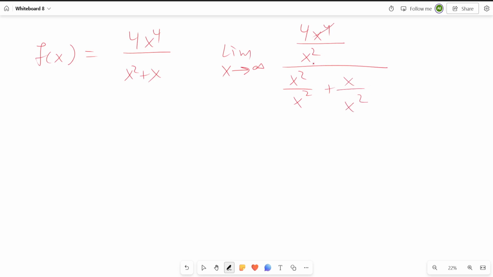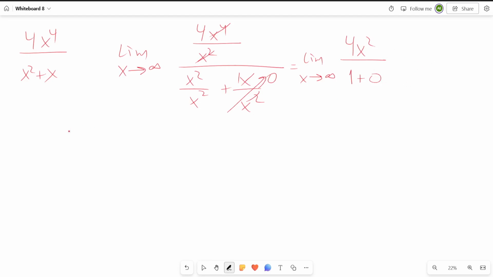So this is going to be the limit as x approaches infinity of 4x squared, because x to the power 4 over x squared is x squared, over 1 plus, this is going to be 1 over x. So this is going to be 0, because 1 over infinity is 0, so plus 0. So again, over here, no horizontal asymptote.